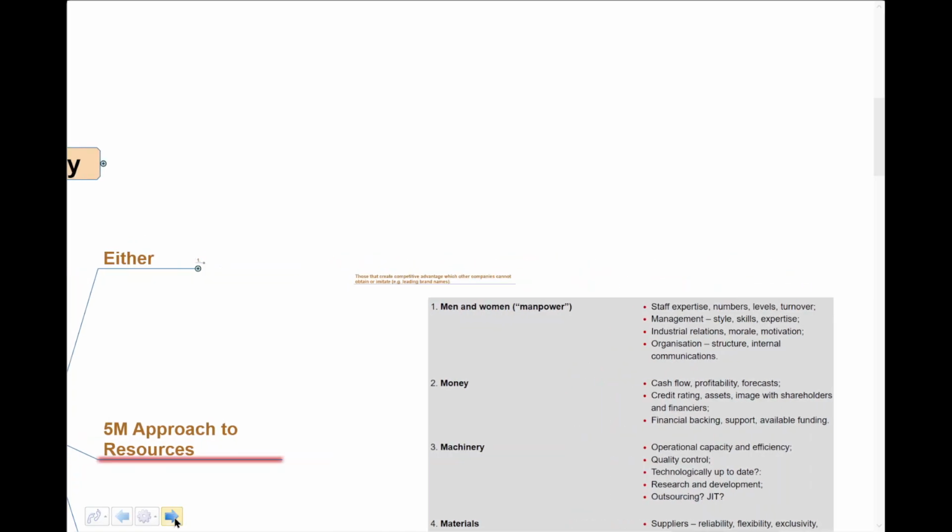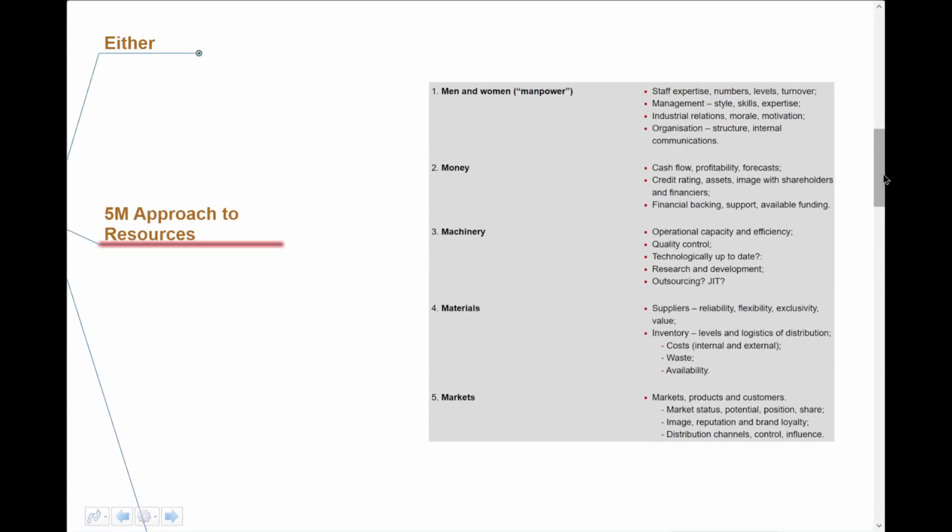In terms of this next area, here's a technique that a company could use to establish what their resources are, and it's called the 5M approach. Pretty straightforward, really. What we'd be looking to do as the user is just to consider each of these areas.